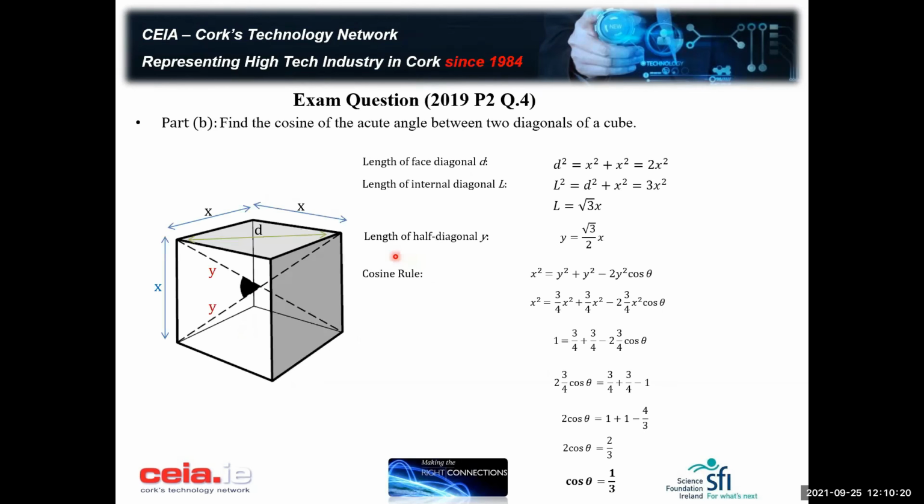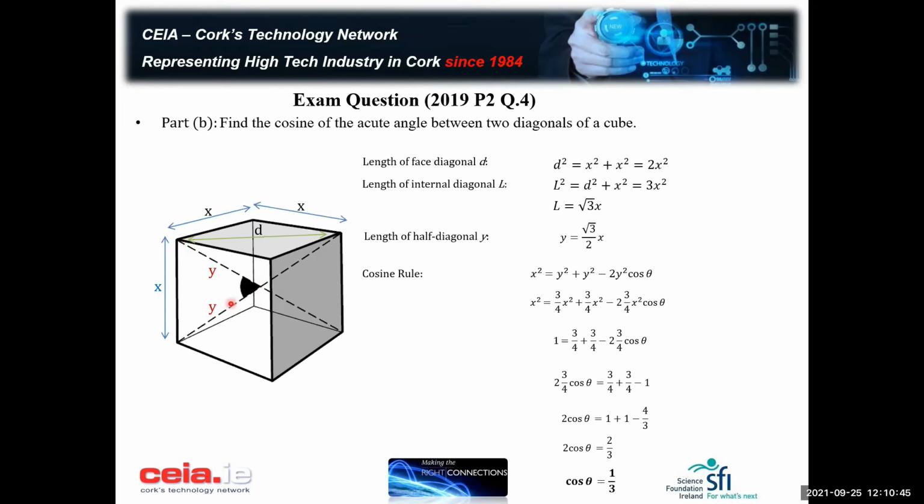So the way I chose to do it was, let's call the edge length of the cube x, and we'd like to work out the length of these diagonals. And then note that because of symmetry, they meet at half the length of the diagonal.